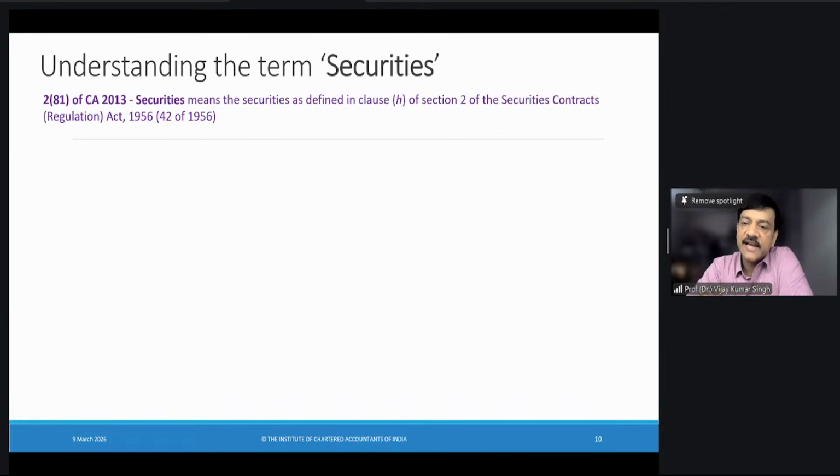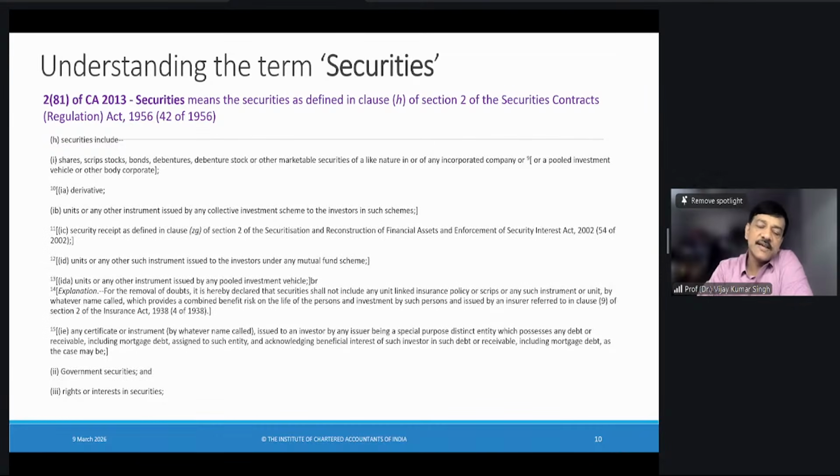So in short, we call it SCRA 1956, that is, Securities Contract Regulation Act. Section 2H of SCRA defines securities. What are these securities? Here it is an inclusive definition. A number of terms have been used to define securities.